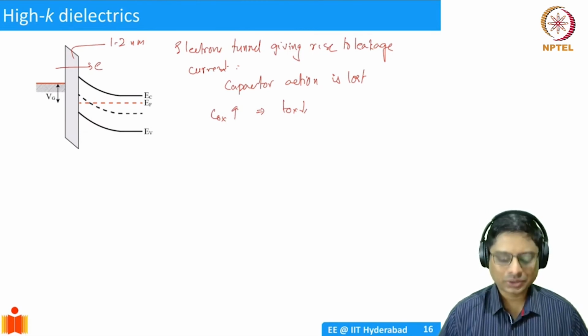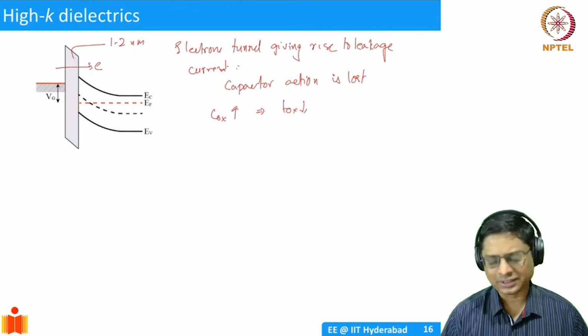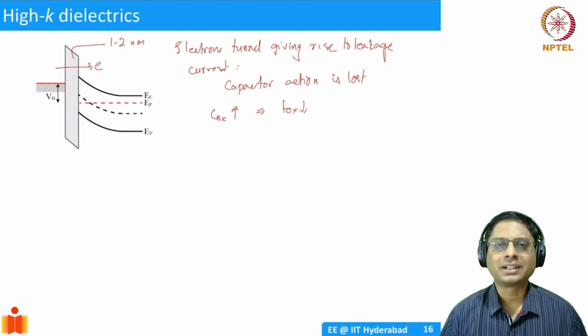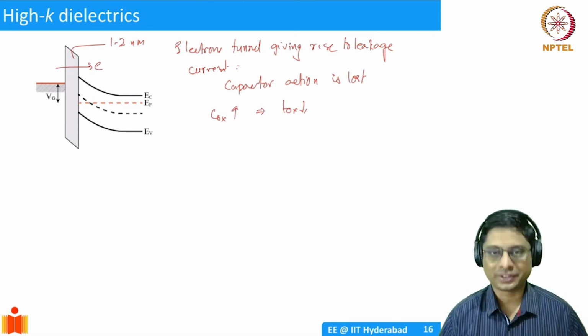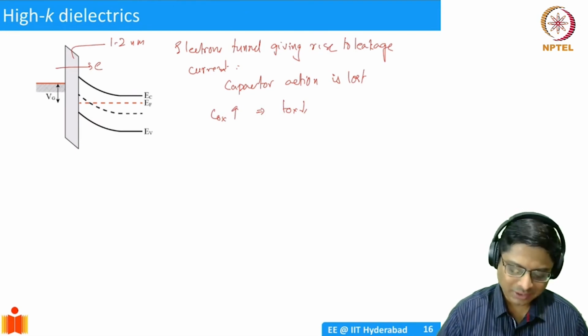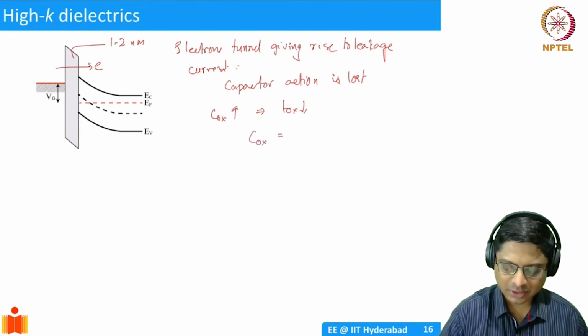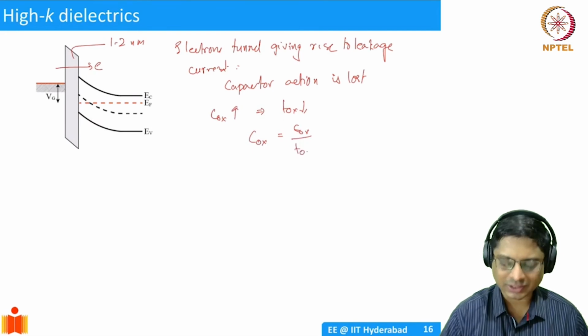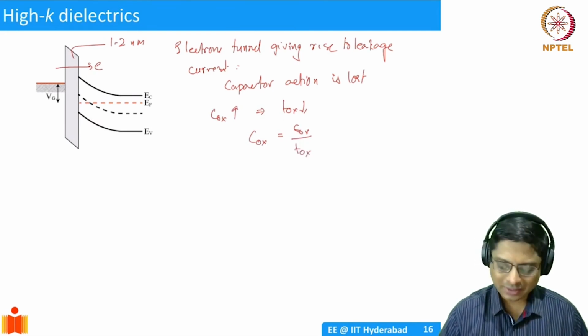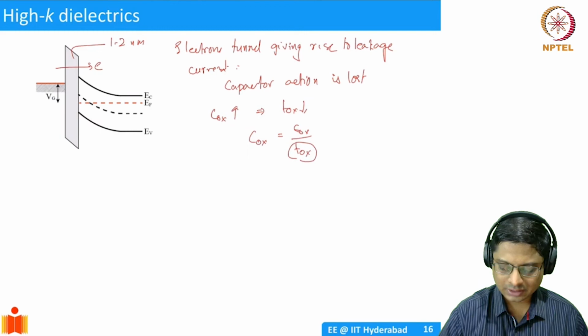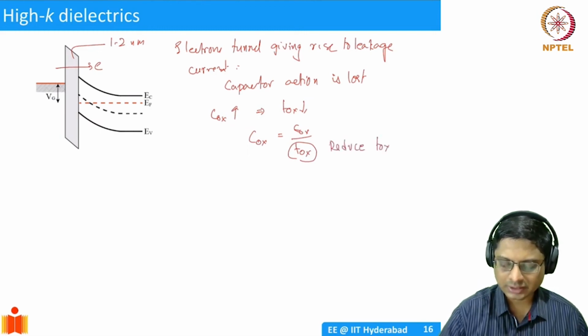Okay. So in 2007, Intel came up with this. The idea was there for a long time, but practically Intel introduced the technology in 2007. What they did was, remember what is COX? COX is epsilon oxide divided by thickness of oxide. So all the time we have been reducing TOX, till 2007.